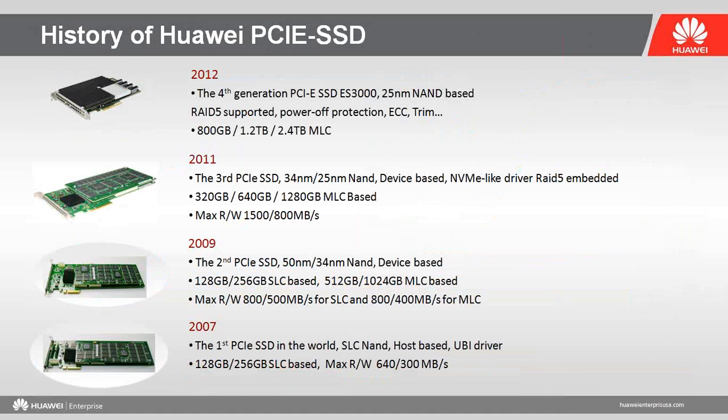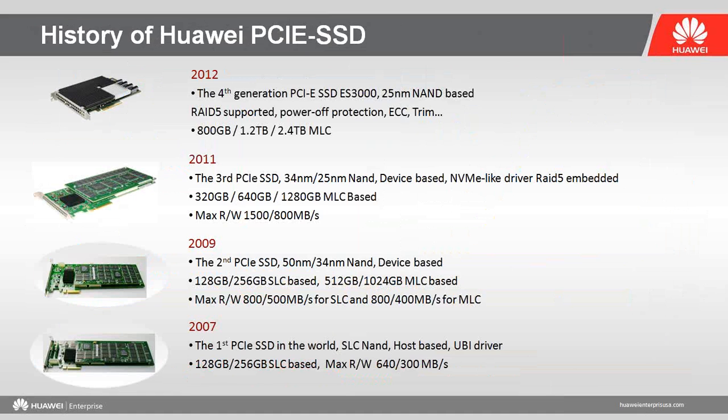So what about Huawei? How long has Huawei been doing this? If you look at the bottom of the chart, we started in 2007, bringing out the first PCIe SSD, which was SLC based at the time, and 256 gig. We've progressed substantially. We're on our 4th generation. We'll have the 5th generation out soon, which will give us a capacity, as I said, of 3.6 terabytes.